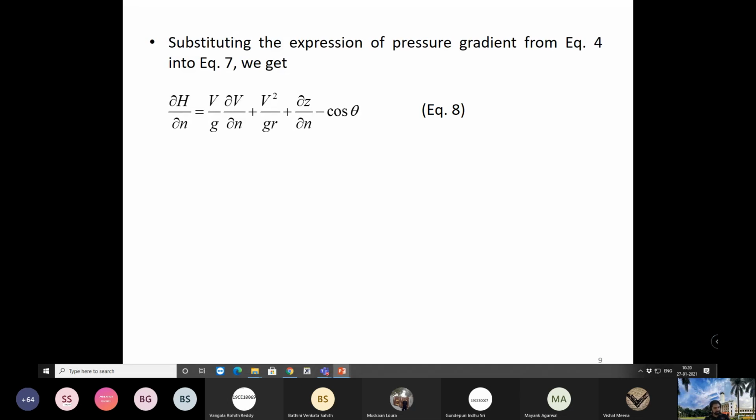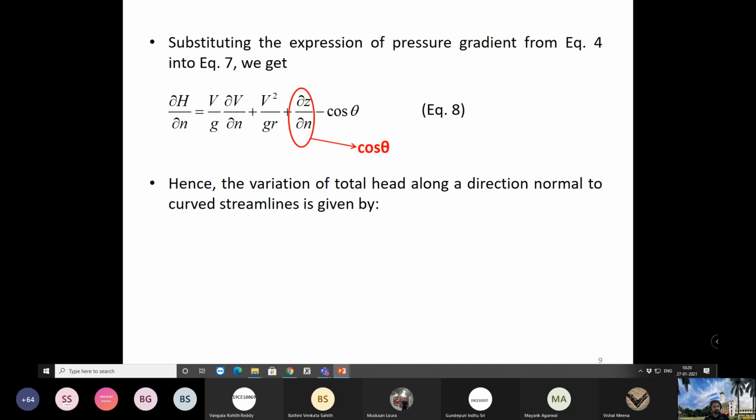If we use equation 4 in this equation, del h del n, the left hand side, will be the same: v by g del v del n plus v square by g r plus del z del n minus cos theta. And del z del n in that figure was nothing but cos theta. So cos theta minus cos theta cancels, and we get del h by del n is equal to v by g del v del n plus v square by g r, which can be written as v by g taken common, multiplied by del v del n plus v by r.